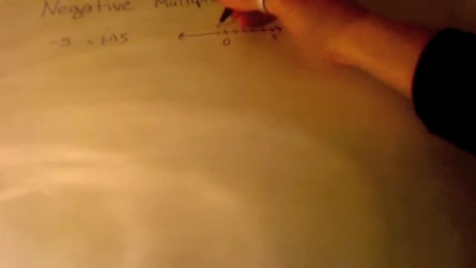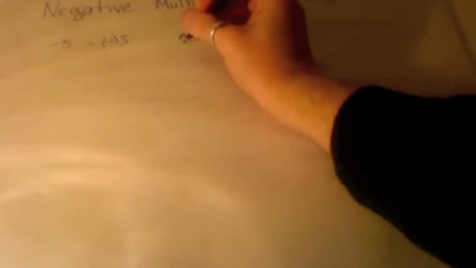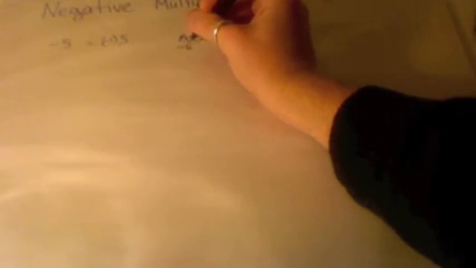Multiplying 5 by -1 gives us a number on the left side of the 0, the same distance away. The impact of multiplying a number by -1 means that it moves a positive number over into the negative side.